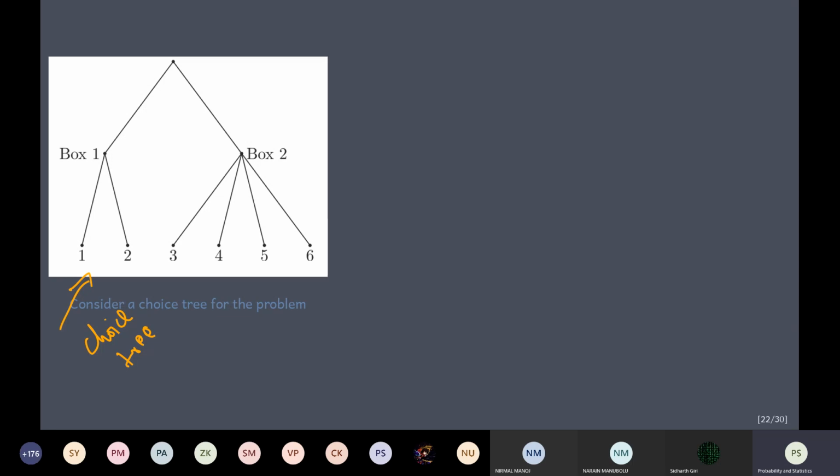The first step is the choice of the box, and the second step is inside you go again, and then you make another choice, and so on. This is the way it happened in the Galton board example. A ball is hitting the first divider, and then it has to choose between the next set of two dividers, and so on. This is just a simple example of that.